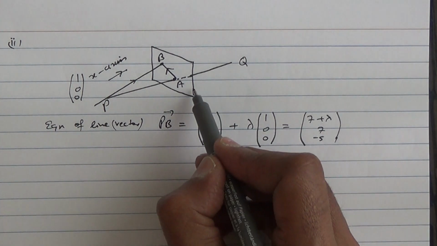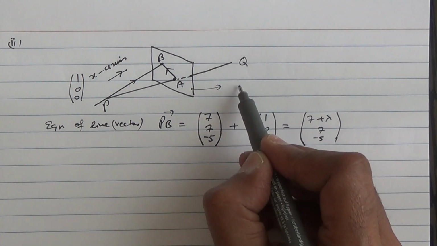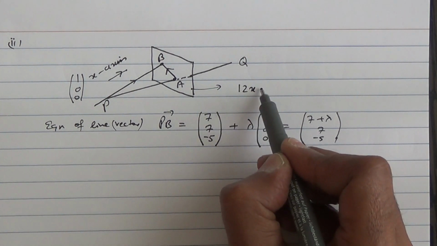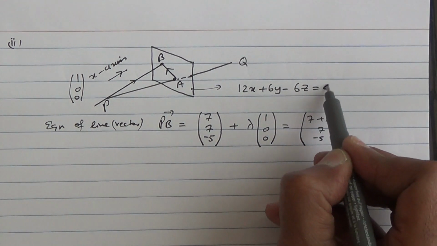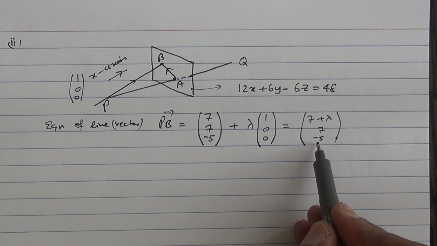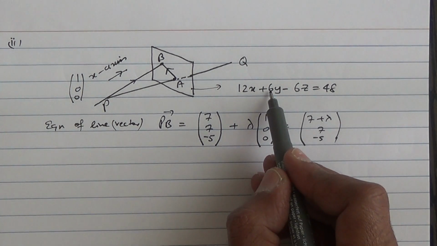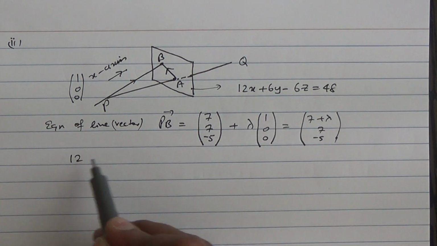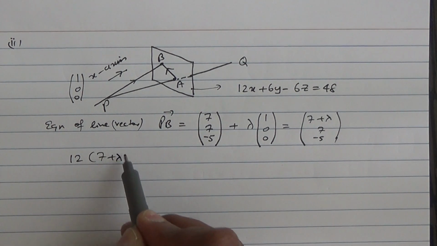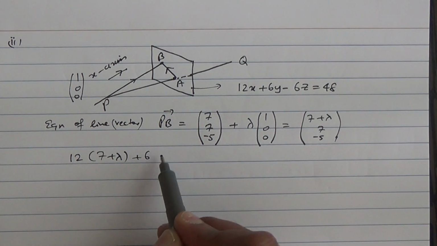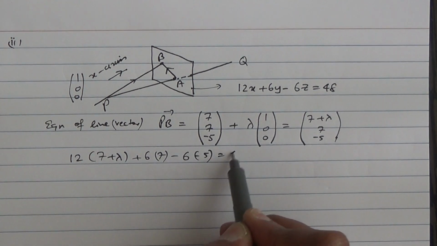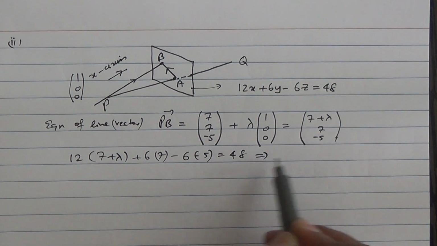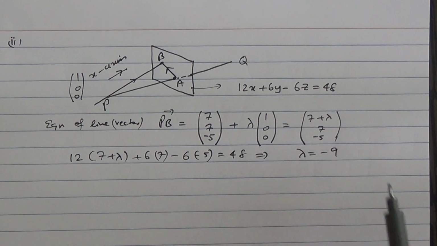This satisfies the equation of the plane. The equation of the plane was found to be 12x plus 6y minus 6z is equal to 48 in part 1. We can take this point and substitute here. So you're going to get 12 times 7 plus lambda plus 6 times 7 minus 6 times minus 5 is equal to 48. If you solve for lambda, you will see that lambda is going to be equal to minus 9.